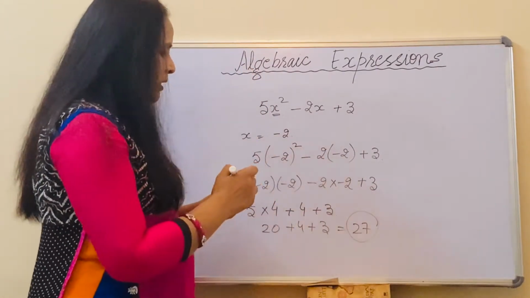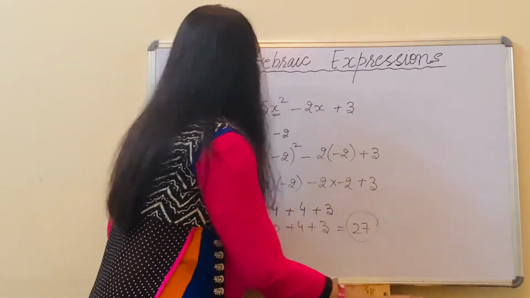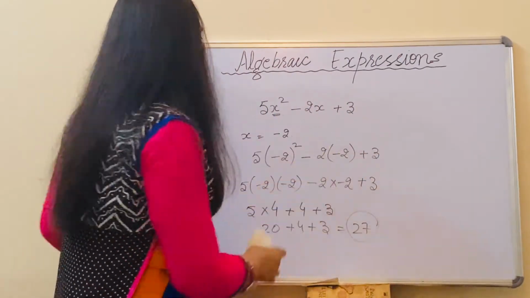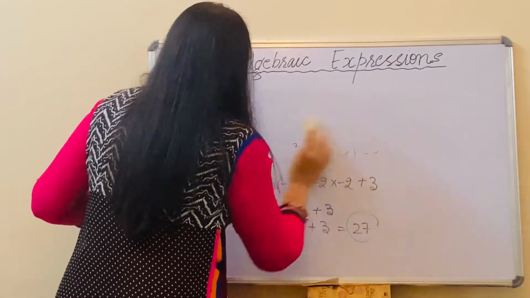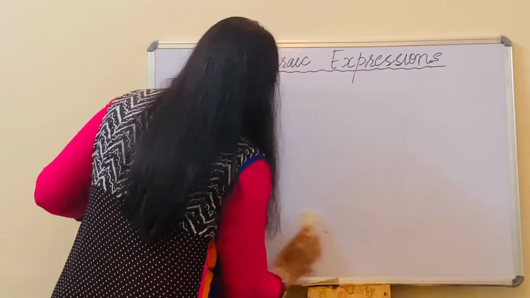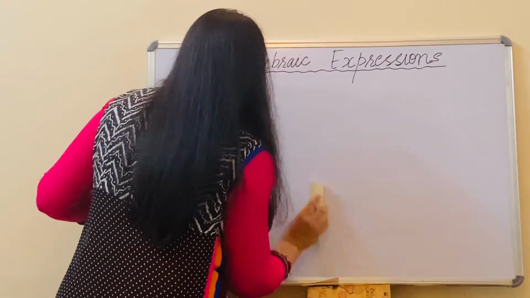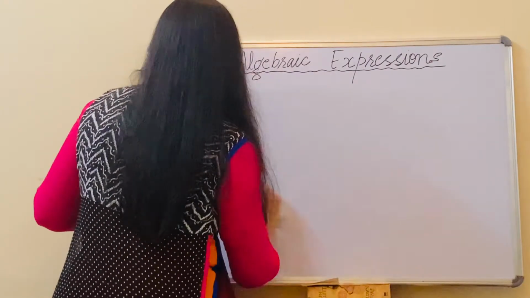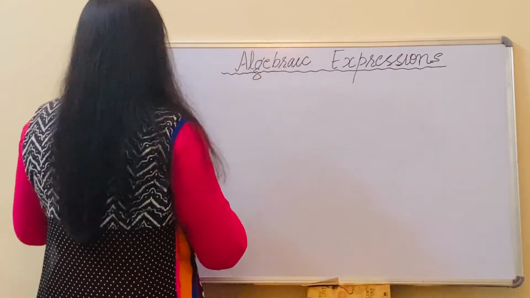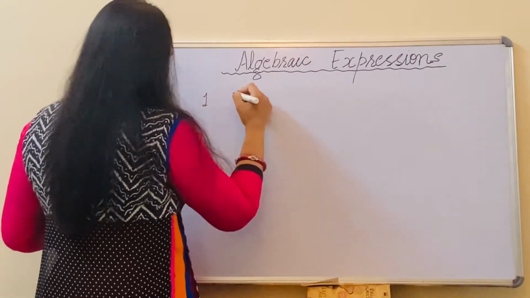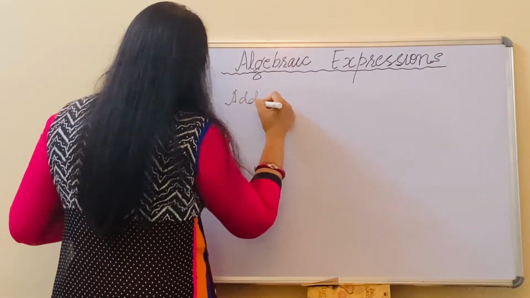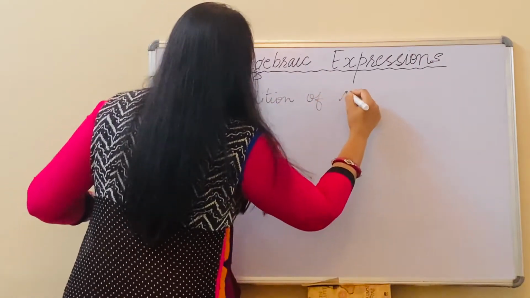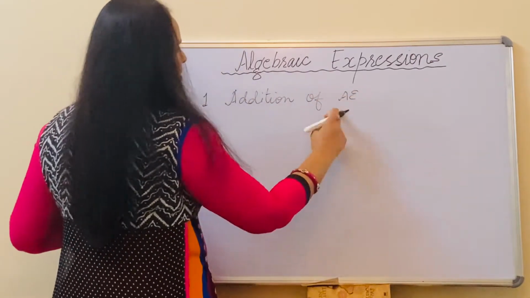So all these were the simple terms you should know while doing algebraic expressions. Now moving on forward, how can we add or subtract algebraic expressions? Addition. First of all, we are going to take the addition of algebraic expressions, I am writing it as AE.